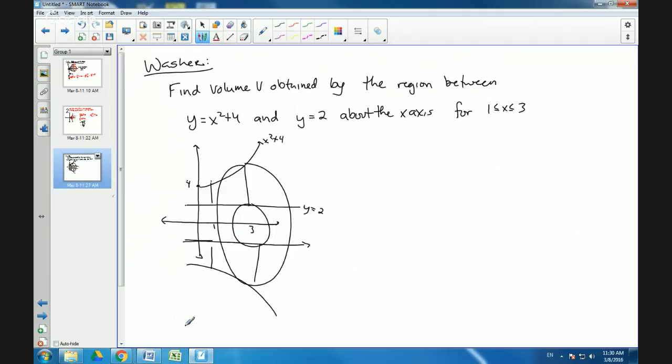So what we have is an outer. Remember, top minus bottom still applies here. What's the radius of the top? That one, right? So we have an integral for that.